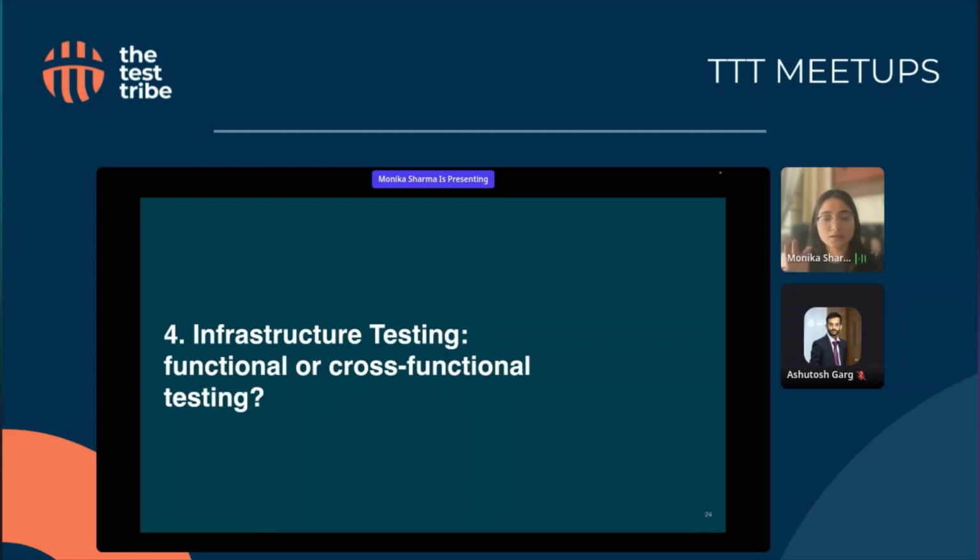Let's say if any service is down in the prod environment, then the replica service, like a mirror service, should come up and serve all the traffic. So this cannot be done via UI test or API test as such. Maybe after it comes up, I can see whether this particular service is serving the traffic or not.